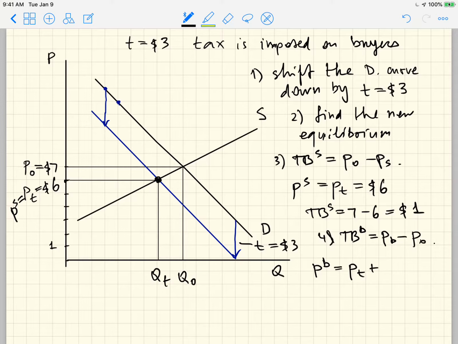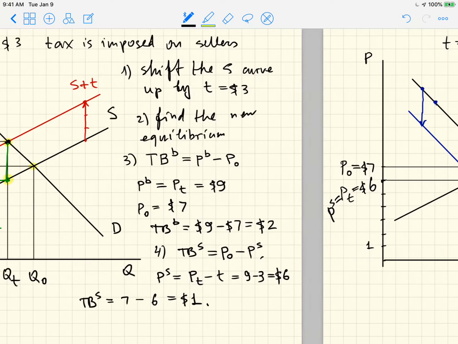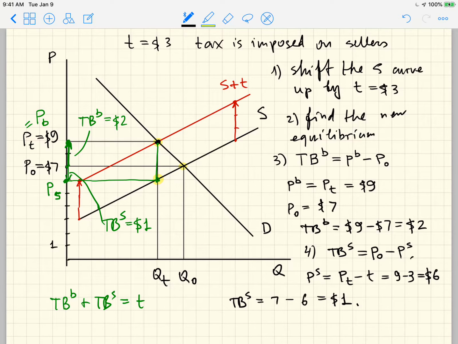plus the tax. So why is it plus, not minus? Well, because buyers are paying, to begin with. So whatever they're paying to sellers should be added up with what they're paying to the government, because in both cases these are payments that they make. Unlike in this case, where we were subtracting tax, right?